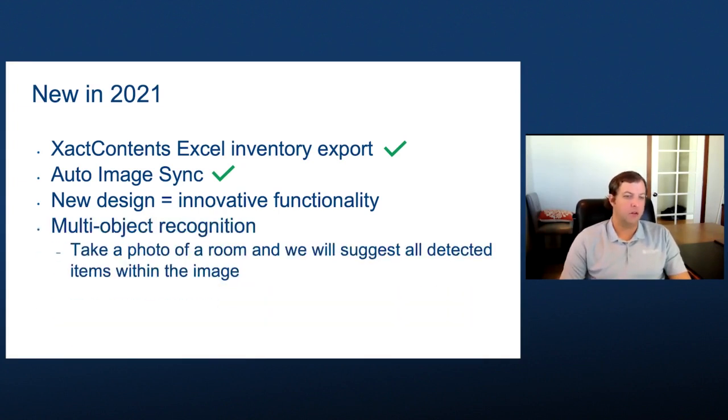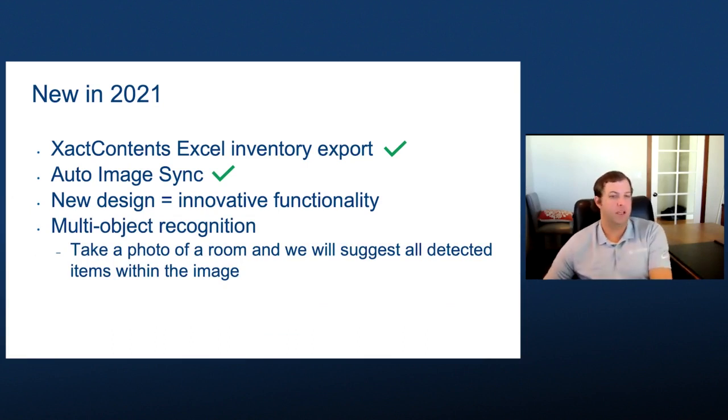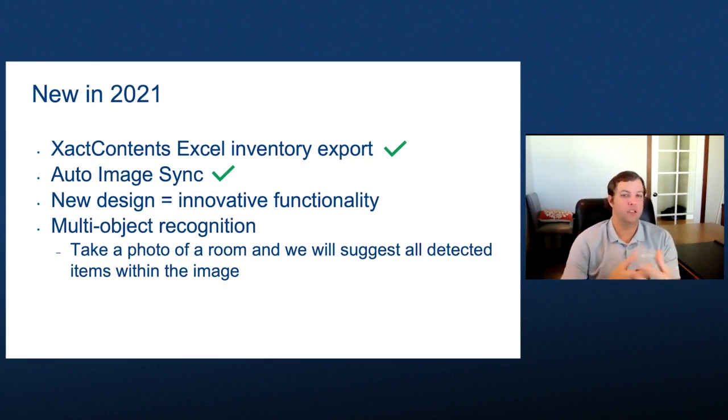And then also, last but not least, definitely not least, we talked about object recognition previously. Now we're going to talk about multi-object recognition. This is where you can take your camera on your phone, go through your home, or the lost site, the homeowner's home, and take photos, and it will recognize those items in the photo and automatically create a list of items for you.